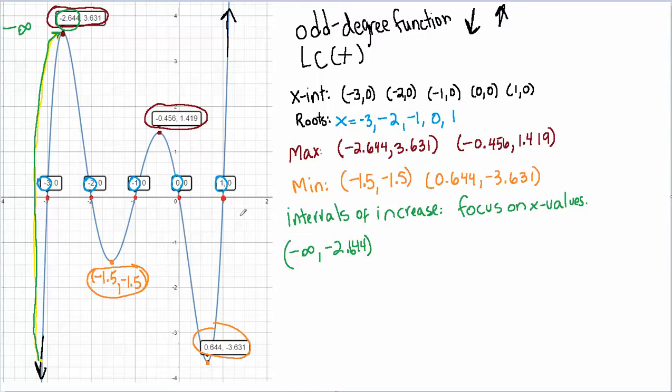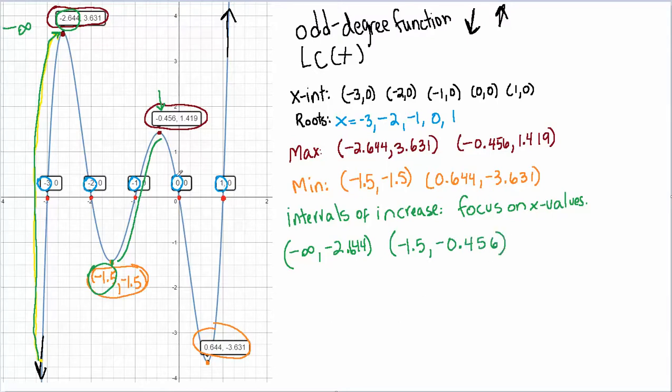And then the function was decreasing. But at this x value, the function started increasing, and it stopped at that x value. So from negative 1.5 until x was negative 0.456, the function was increasing again.